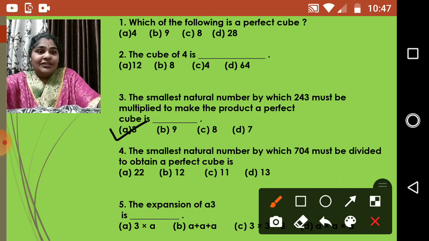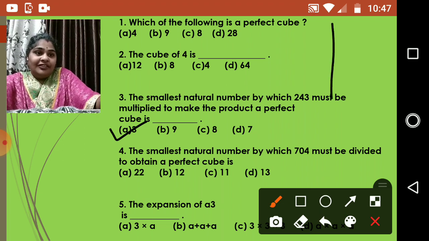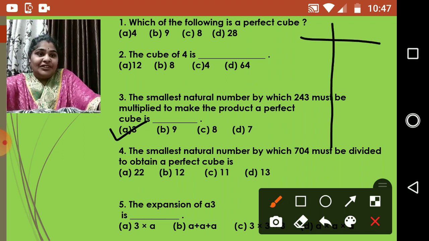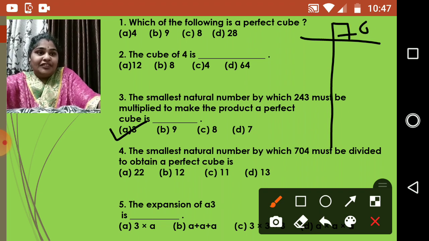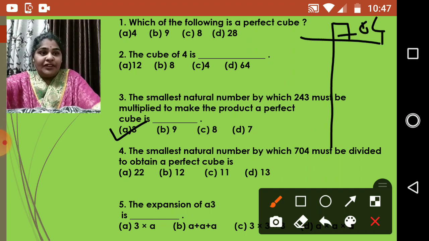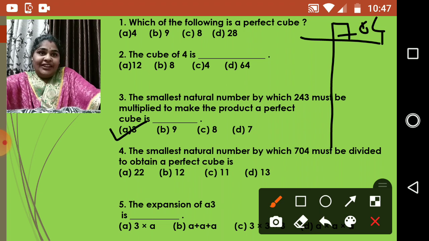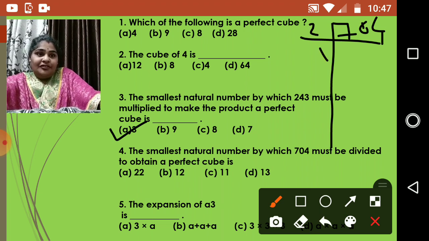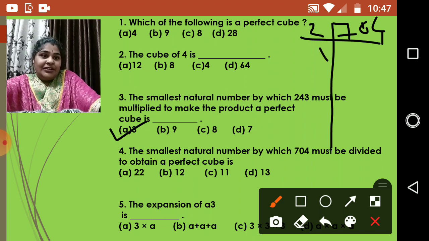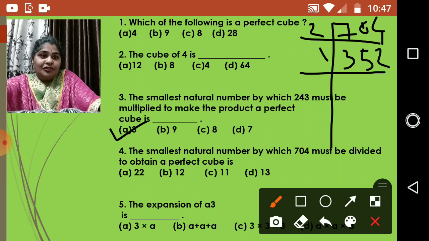So by using the prime factorization method, if I find the prime factors of 704, my first factor will be 2. So 2 into 352 is 704.